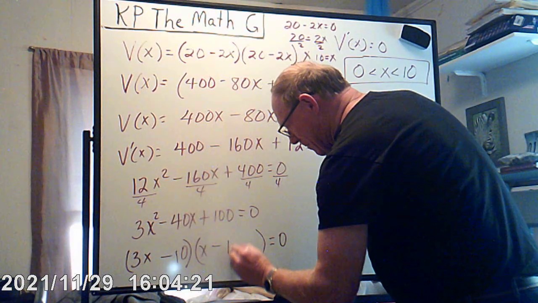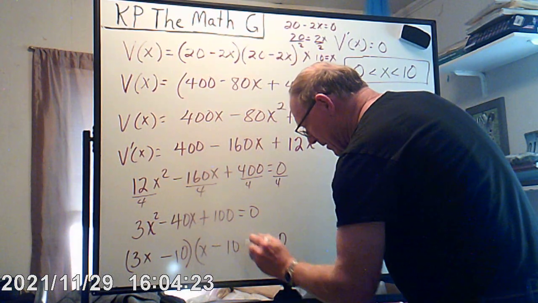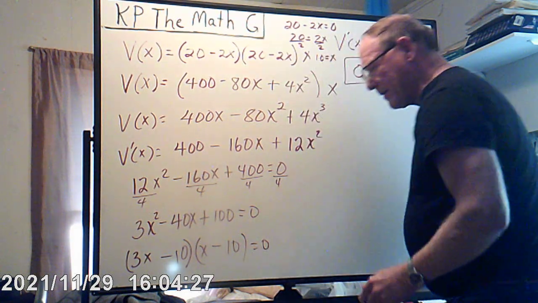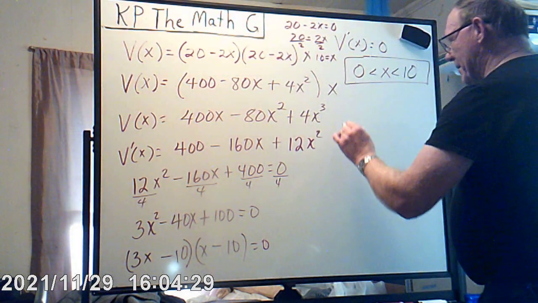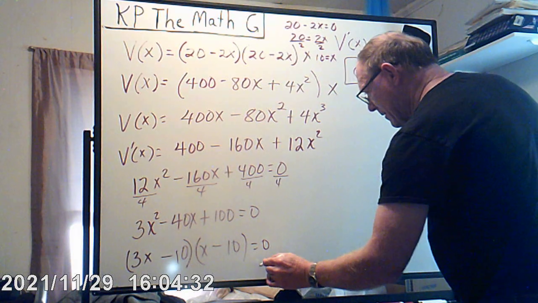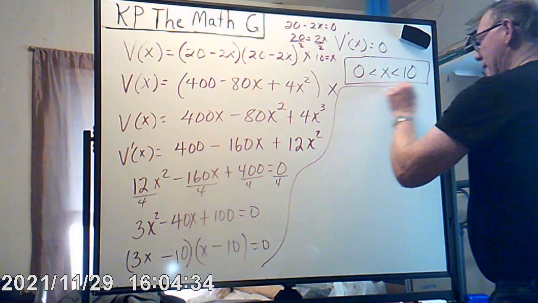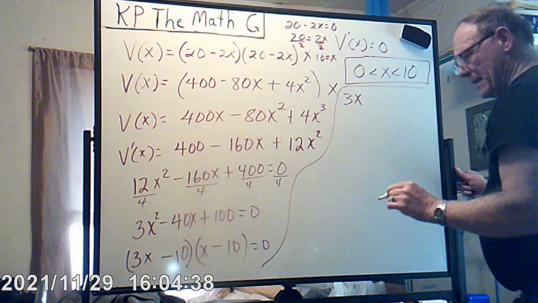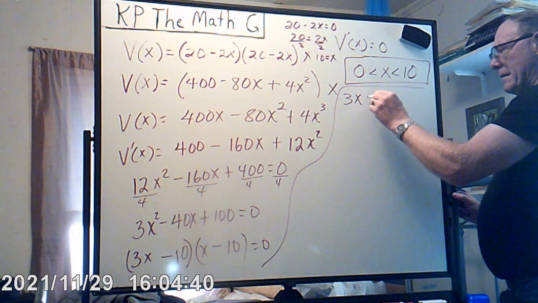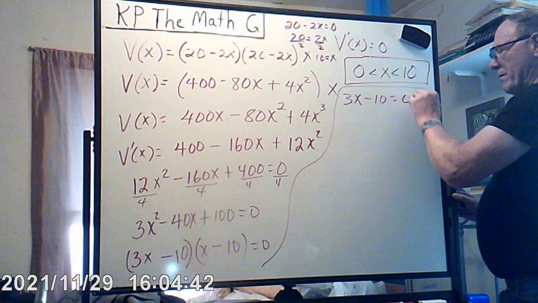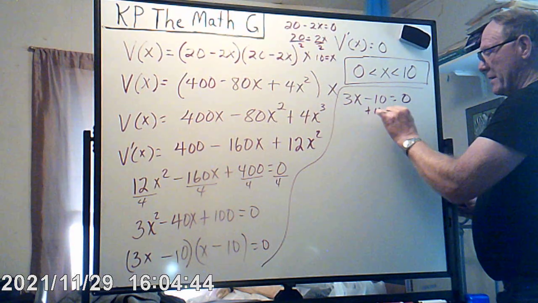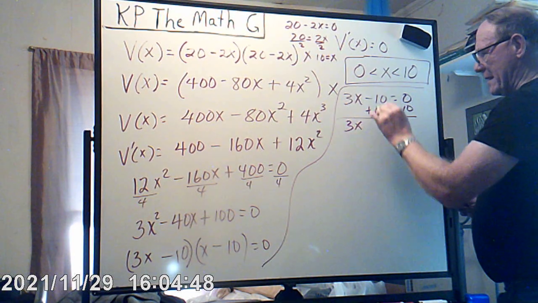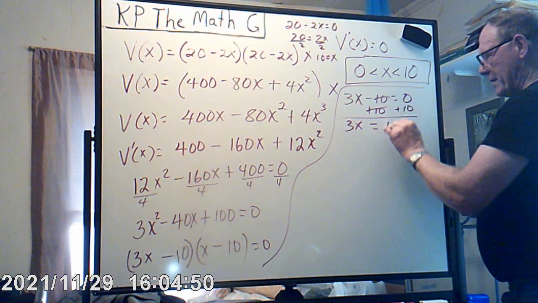So now it does work with 10. So now, here we go, right here. Alright, so now we've got it up here. I think I can put it here now. 3x minus 10 equals 0. Well, if I add 10 to both sides, I'm down to 3x equals 10.